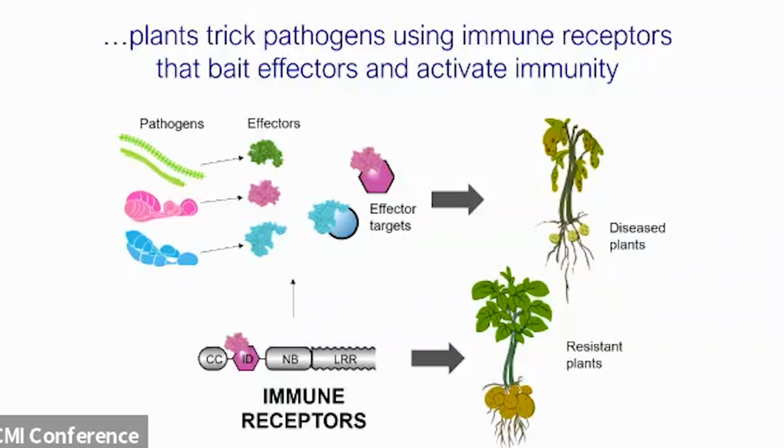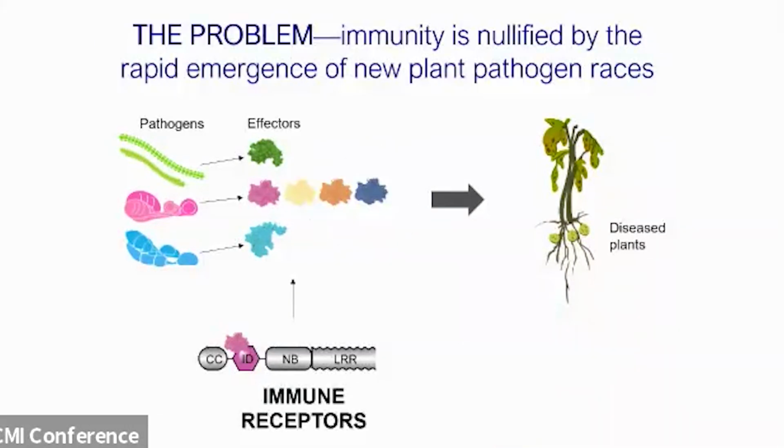A very dynamic system, and you might be wondering, what's the problem? Why don't we just make our crops resistant? The real problem here is that the immunity is very much nullified by pathogen evolution. So we continuously have new races of these pathogens that overcome resistance, in the same way we have these COVID variants, the SARS-CoV-2 variants, that overcame the vaccines.